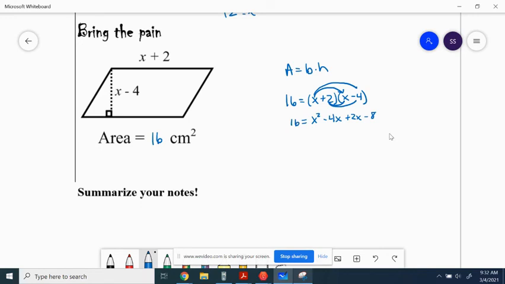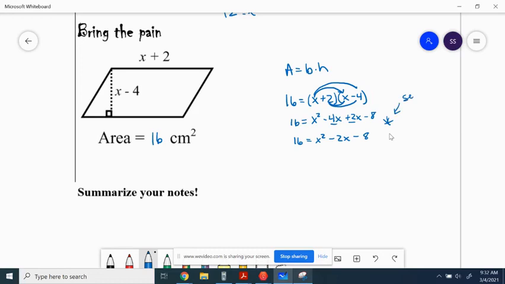So now let's see, we can combine like terms on the right side. So we're left with 16 is equal to x squared minus 2x minus 8. All right, and if I want to solve for x here, I need to set this thing equal to 0. Okay, so this is kind of a step that a lot of people forget.